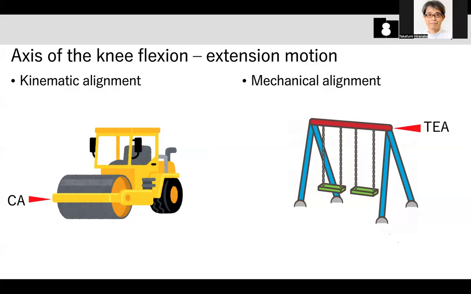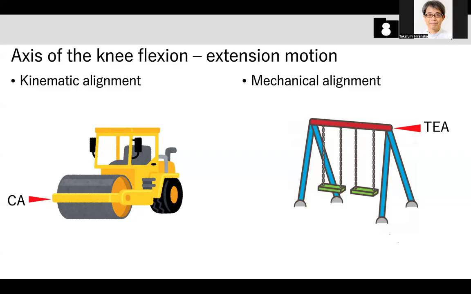So this is the TEA, and two ropes insert to the medial epicondyle and lateral epicondyle. So this is based on the measured resection, because femoral component anatomy is the base of knee flexion extension motion.